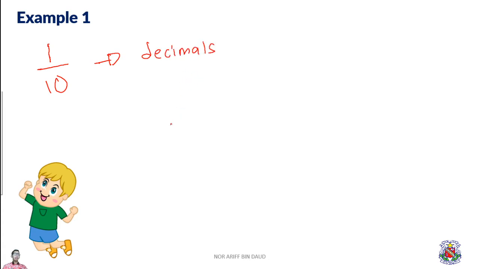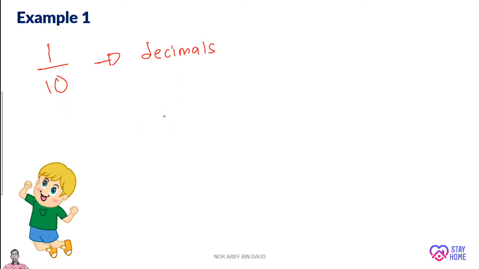It's very easy to do because we only use a divide operation. If we want to convert a fraction to a decimal, we use the divide operation. If you want to convert a decimal into a fraction, we use multiply.